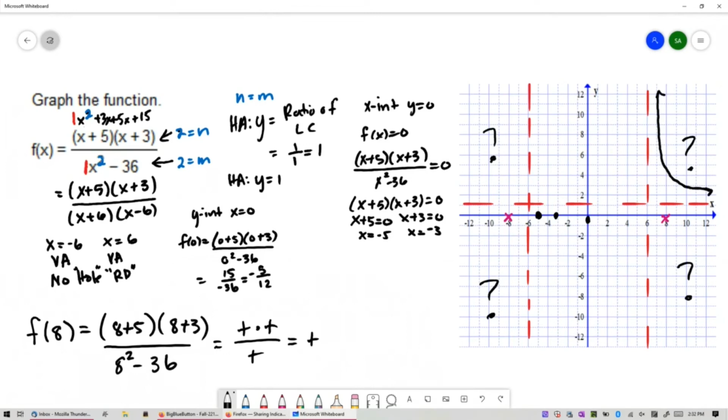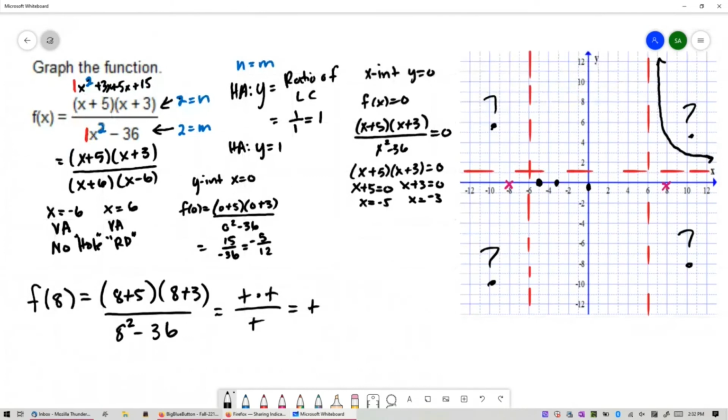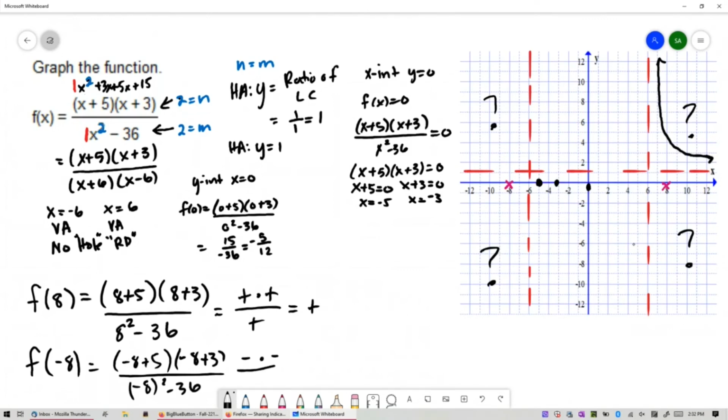And then if I try negative 8, it's going to be (negative 8 plus 5)(negative 8 plus 3) over negative 8 squared minus 36. This is a negative times a negative over a positive, which is a positive. That tells me my graph will be up here.